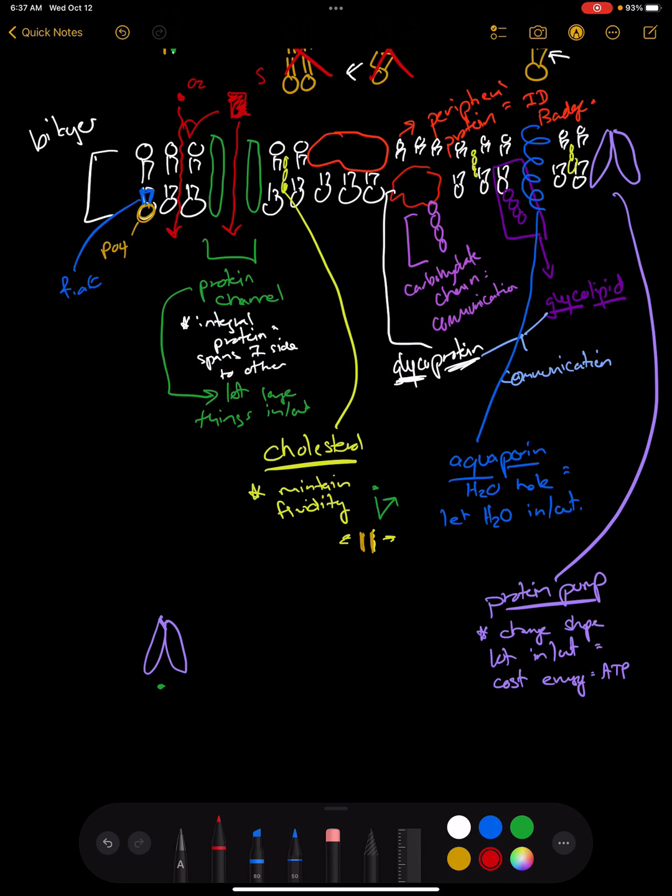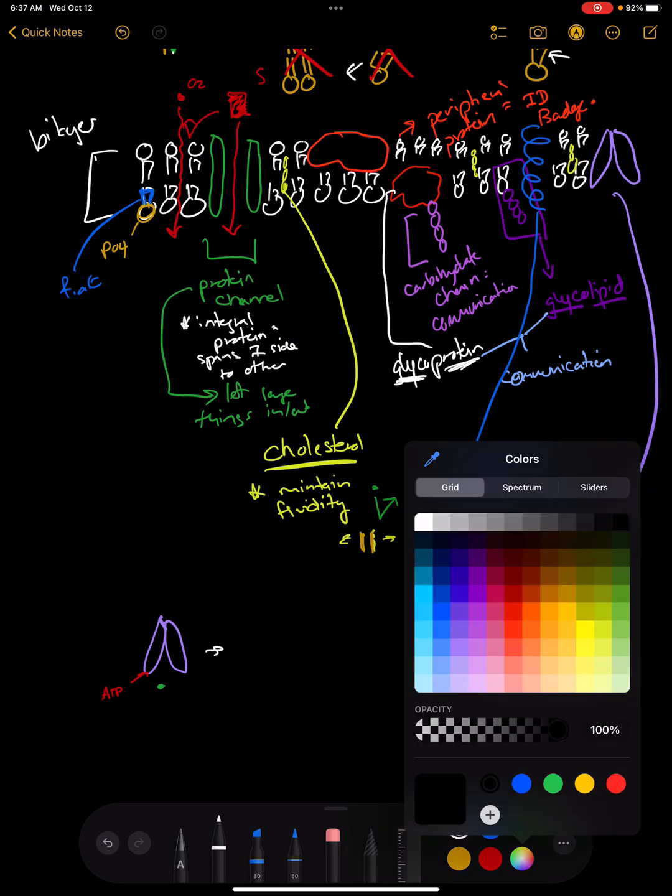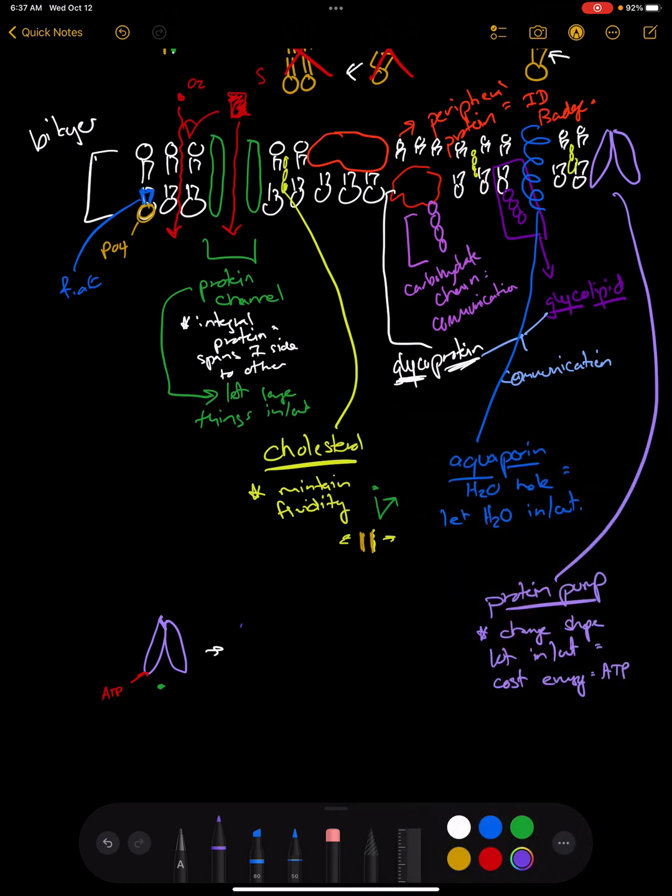And with this protein pump, this little guy comes up, but he's not able to go through until I have ATP. When ATP hooks to that protein pump, then that protein pump opens. So here's my ATP attached, which is going to allow my little green molecule to go through.